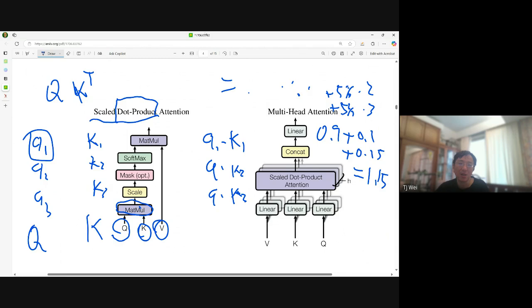This is kind of like a cosine similarity, but we're not trying to normalize it. Instead, we're just using the inner product, the dot product value as is. Let's first skip the scale and the mask. After we get this dot product, we are using it like a cosine similarity, in the sense that the higher value is more similar.